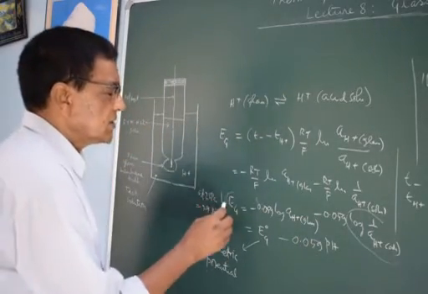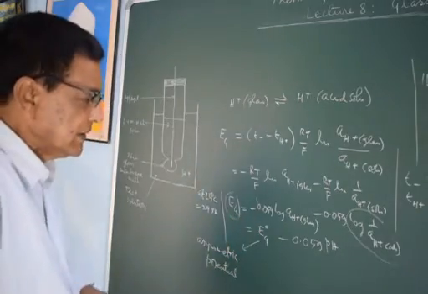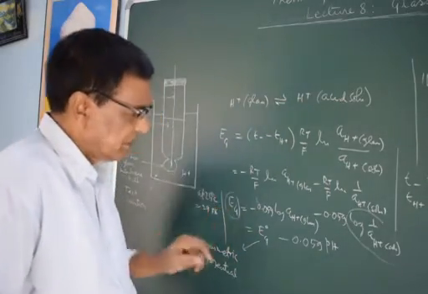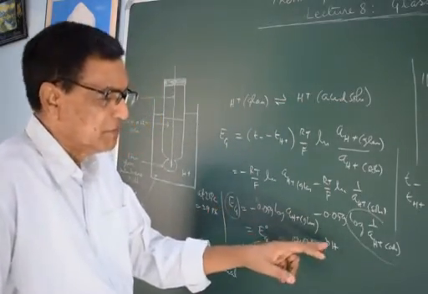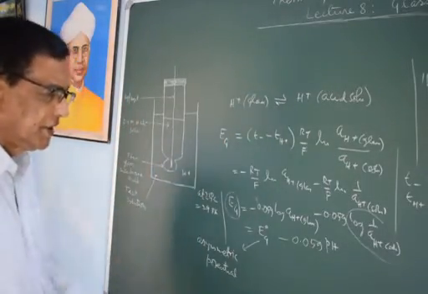So this glass electrode potential now easily supplies the data to calculate the pH of the acid solution in which this electrode has been dipped.